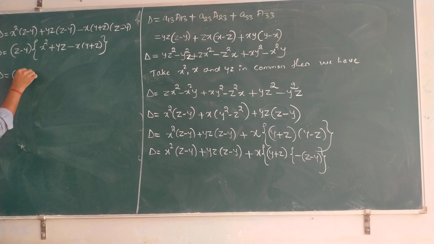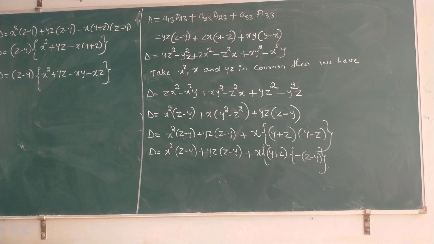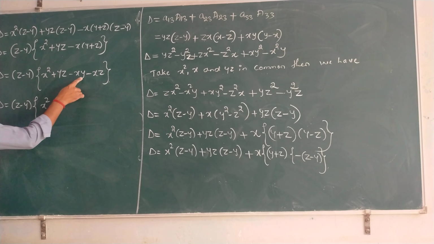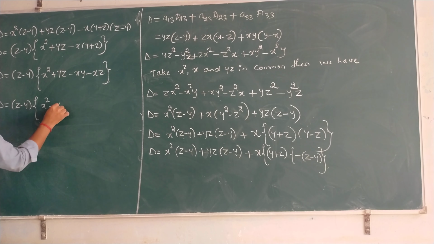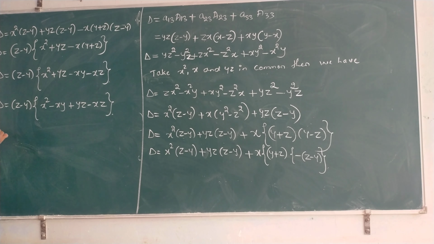Delta is equal to z minus y, x square plus yz minus xy minus xz, which implies delta is equal to z minus y, here x square minus xy, you take x common, x into x minus y, after that plus yz minus xz, you take z common, y minus x.